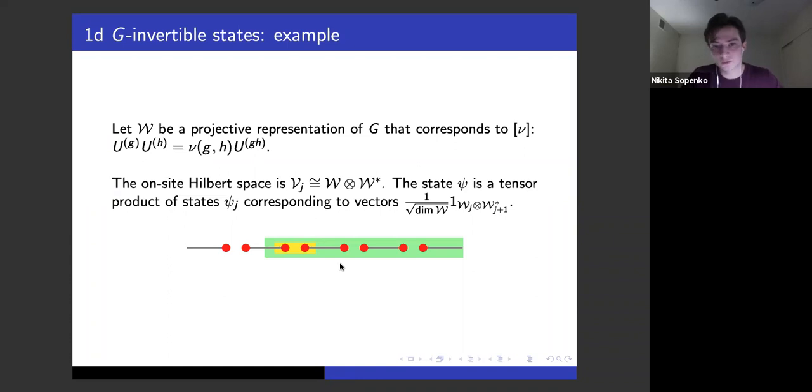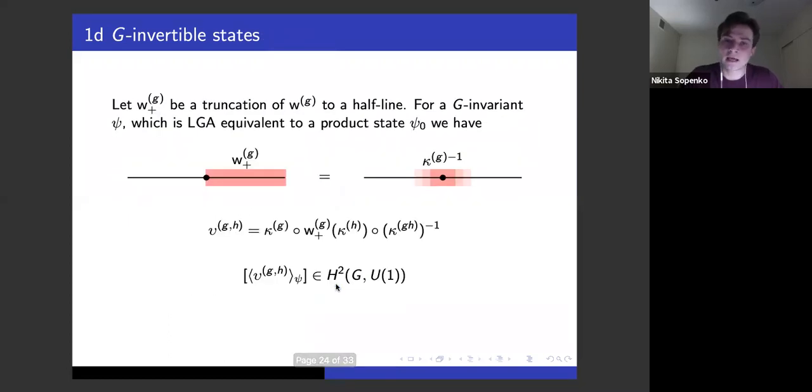And one can do this computation. I can consider the restriction of this automorphism to a half-space, and after its application, the state changes, but it changes only on one entangled pair. And of course, this change can be undone by some local unitary, and that corresponds to this LGU kappa on this picture.